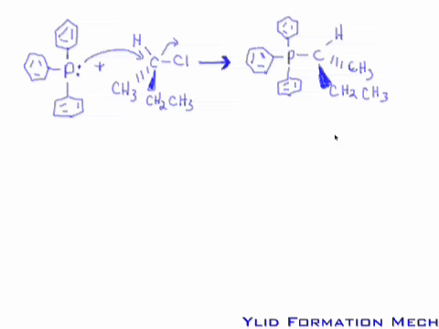And so we got inversion of the chiral center, and now there's a large positive on the phosphorus.